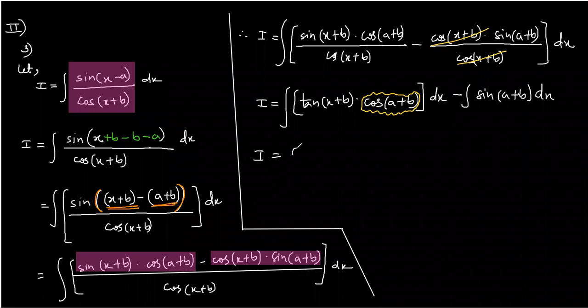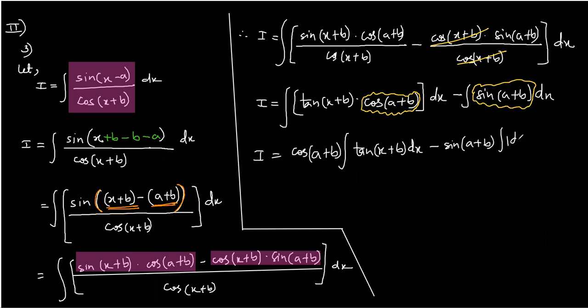So you have cos of a plus b integral of tan of x plus b dx minus sine of a plus b, which is a constant, so it will come out, integral of 1 dx.